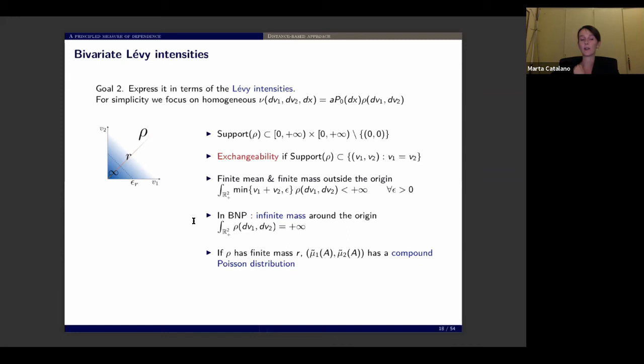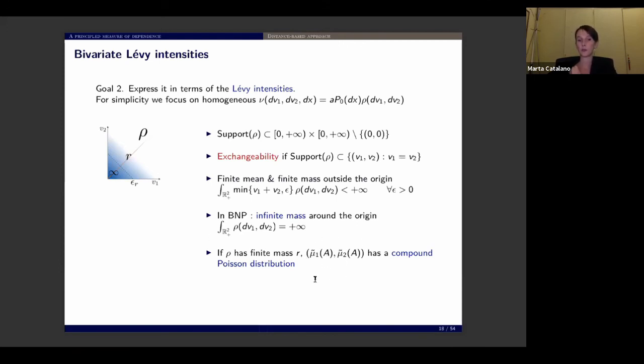And as Igor told us yesterday, in most cases in the BNP literature, we actually deal with these Levy measures with infinite mass in the origin. Nonetheless, let's consider the case where the measure rho is actually finite, so has finite mass R, let's say.